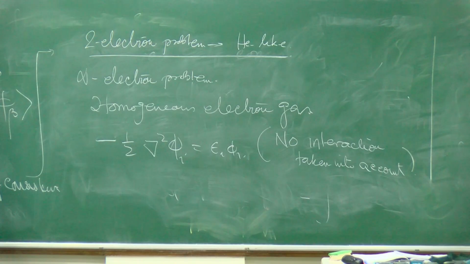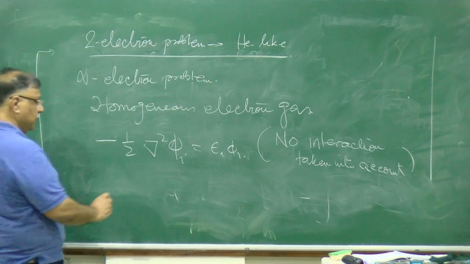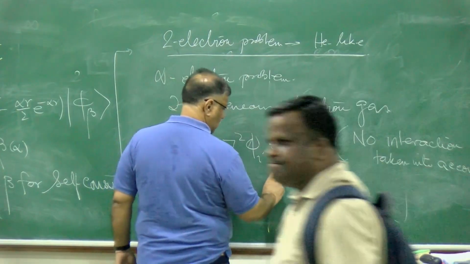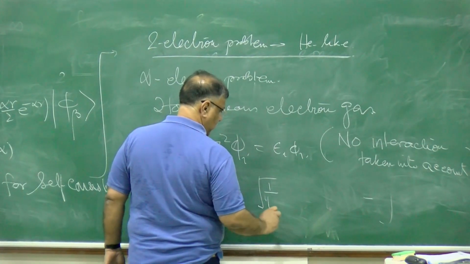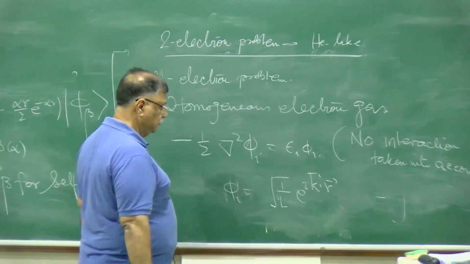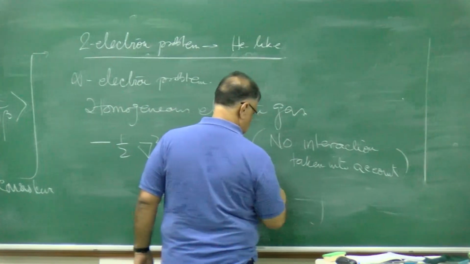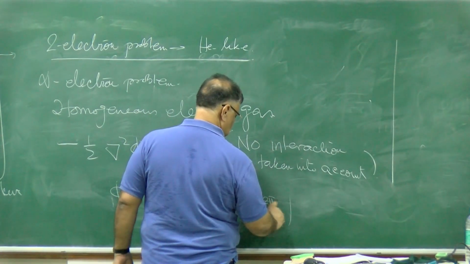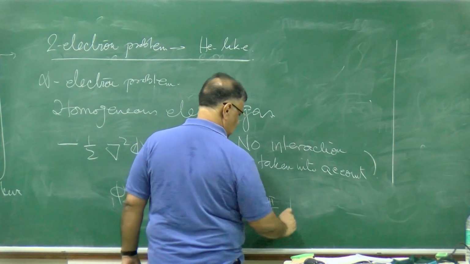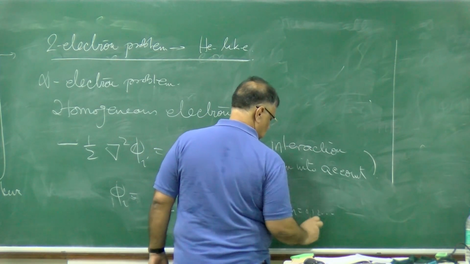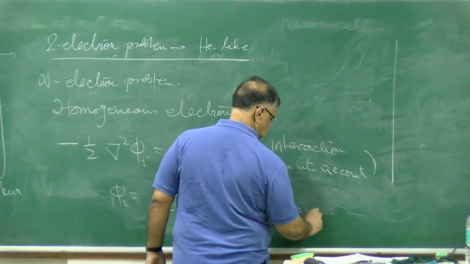Okay. What is the solution? Plane wave. So you get phi I equals square root of 1 over L e raised to I k dot R, where k equals 2 pi over L n, n equals 0, plus or minus 1, 2, and so on.